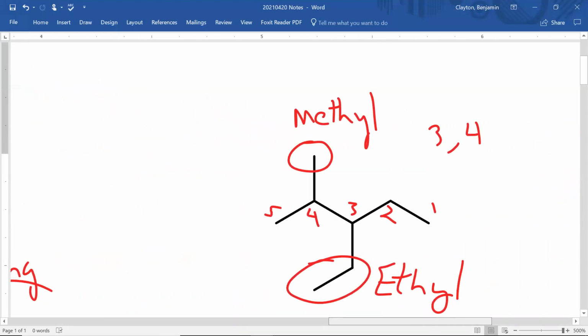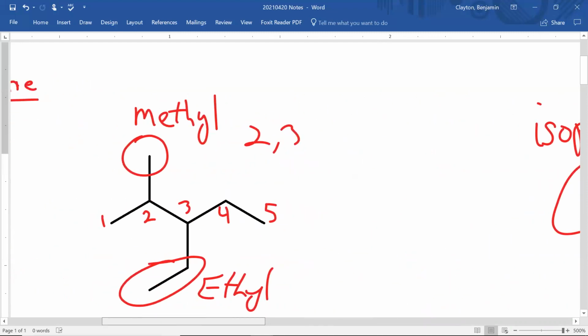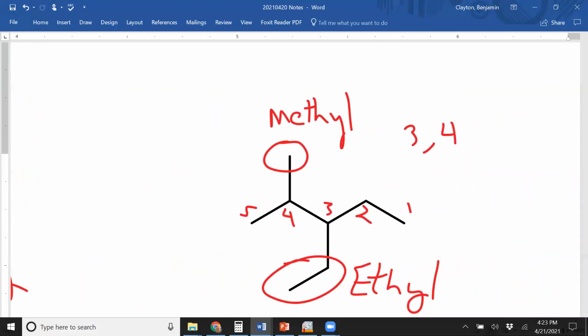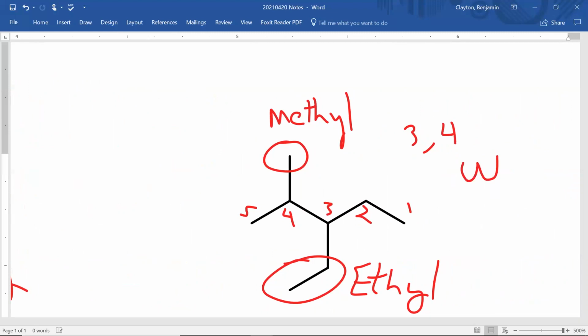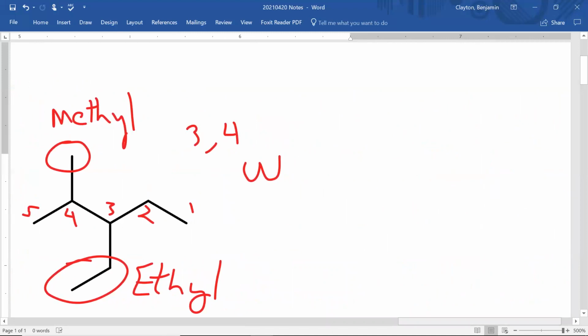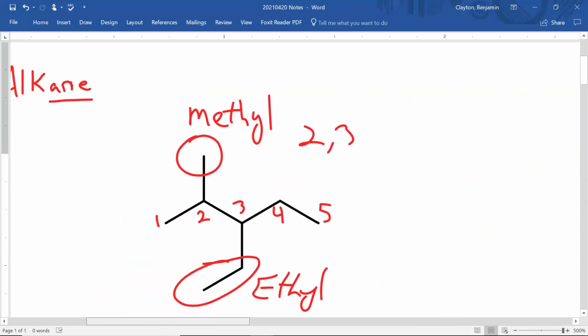The next group has to have the lowest number. And you see these are smaller over here, 2 and 3 versus 3 and 4. So we can automatically say this numbering system over here is wrong, because it was too high of a numbering for the groups.